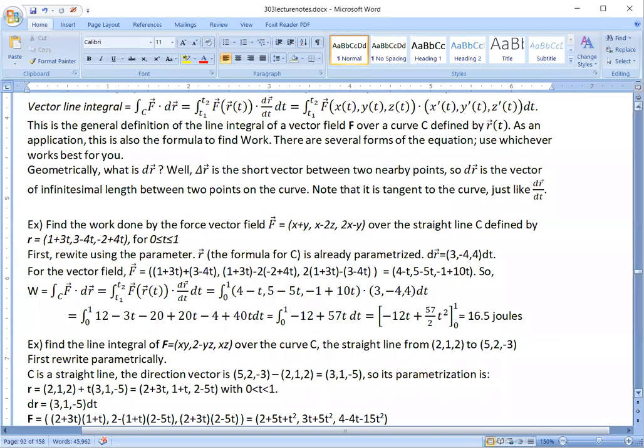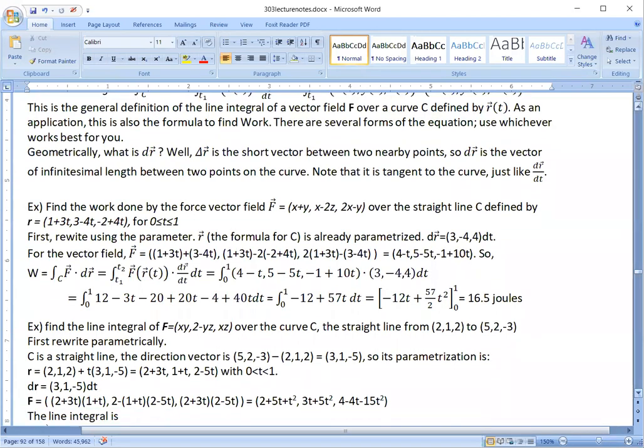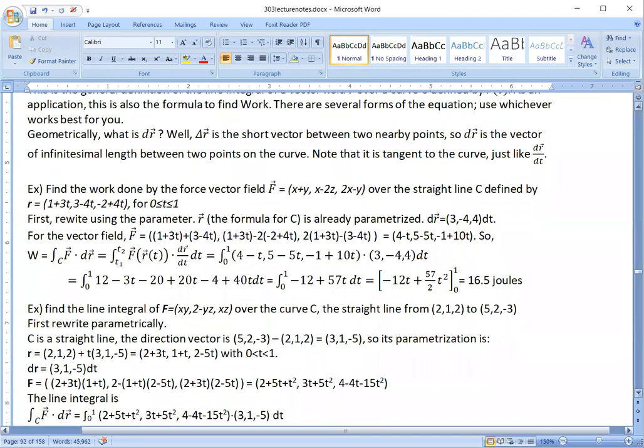So the vector function written parametrically is just 2 plus 5t plus t squared, comma 3t plus 5t squared, comma 4 minus 4t minus 15t squared. And now we have our curve written parametrically, our vector function written parametrically, and dr written parametrically. And now we can do our vector line integral.